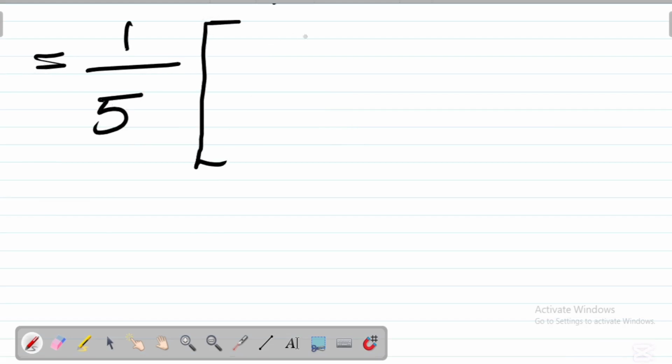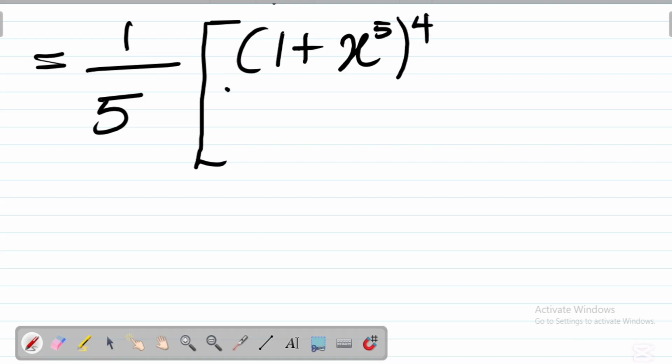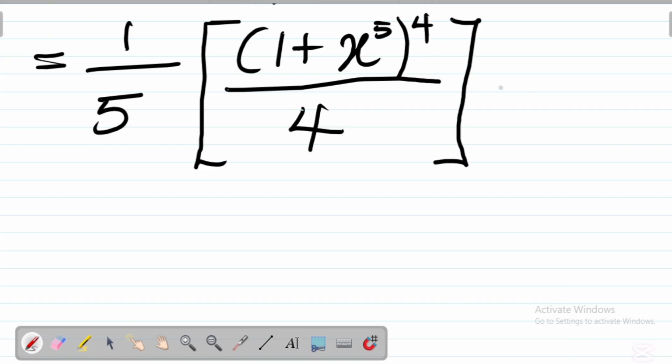We have 1 all over 5 open bracket 1 plus x raised to the power 5 all raised to the power 4 divided by 4 close bracket and then plus c.